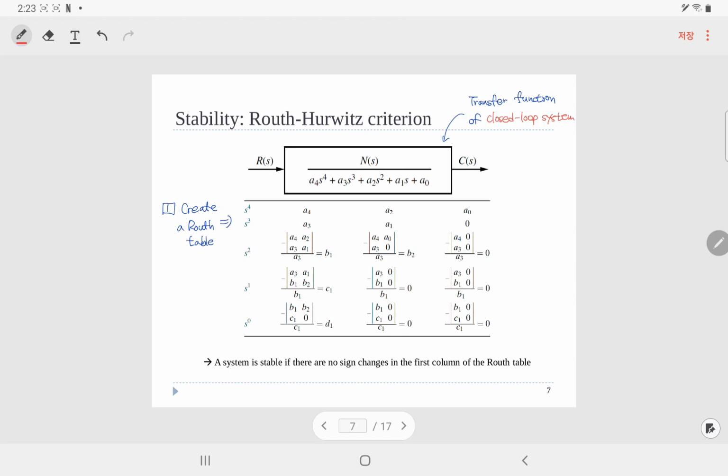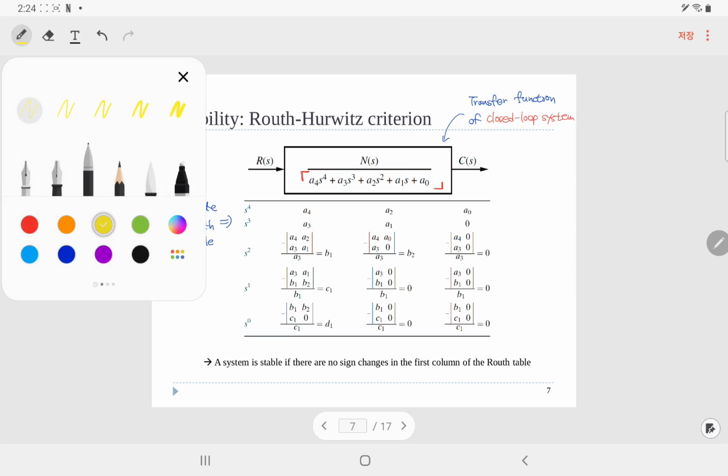Then here we are interested in the closed loop poles. So here we focus our attention on the denominator of the transfer function. Okay, this part.